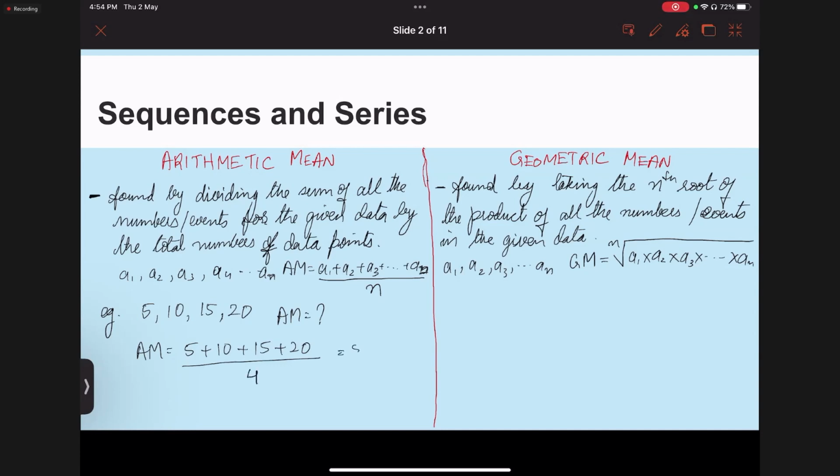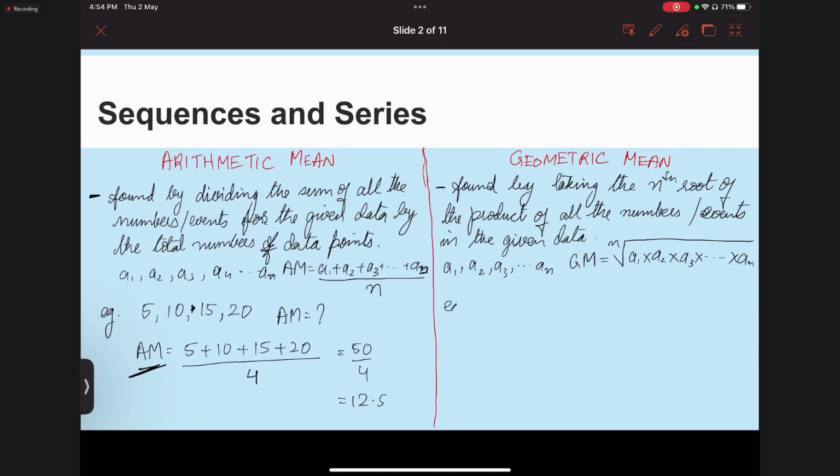This is going to be 50 by 4, which is 12.5. You can see this lies right in the middle, with two terms on the left hand side and two terms on the right hand side, exactly between 10 and 15. So this is the arithmetic mean.